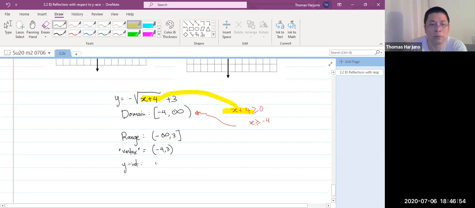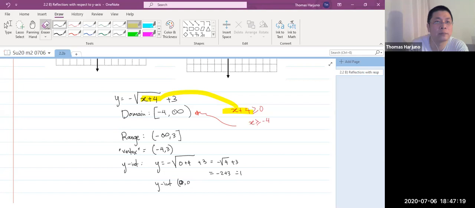Just like before, to find the y-intercept, you set x to be 0. That's negative 2 plus 3, that's 1. So the y-intercept is 0, 1.